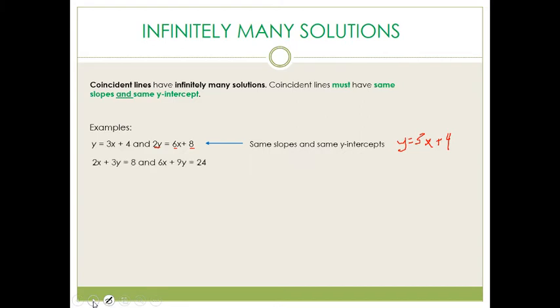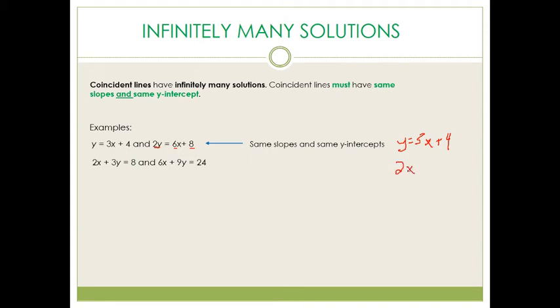Likewise, here's another example where we have lines that are really the same line. So there's two ways we can do this. One would be to arrange them both so that they're in slope-intercept form and then make sure that they're identical. Another one is just to simply reduce the second equation to produce the first. So notice that if I divide everything in the second equation by 3, so if I divide 6 by 3, I get 2x.